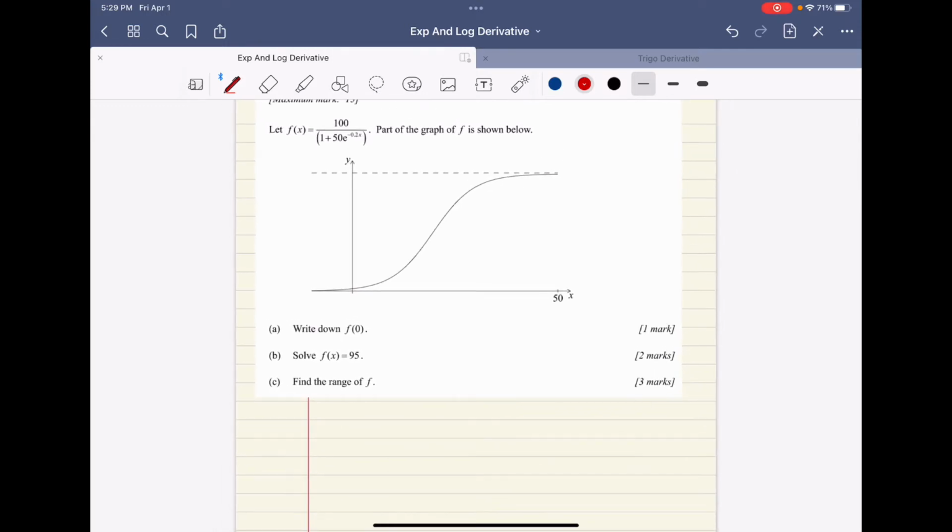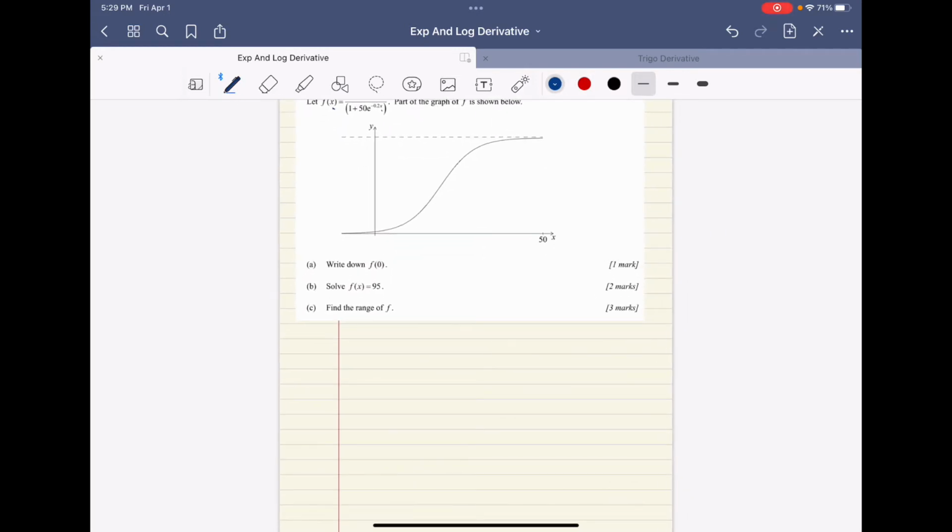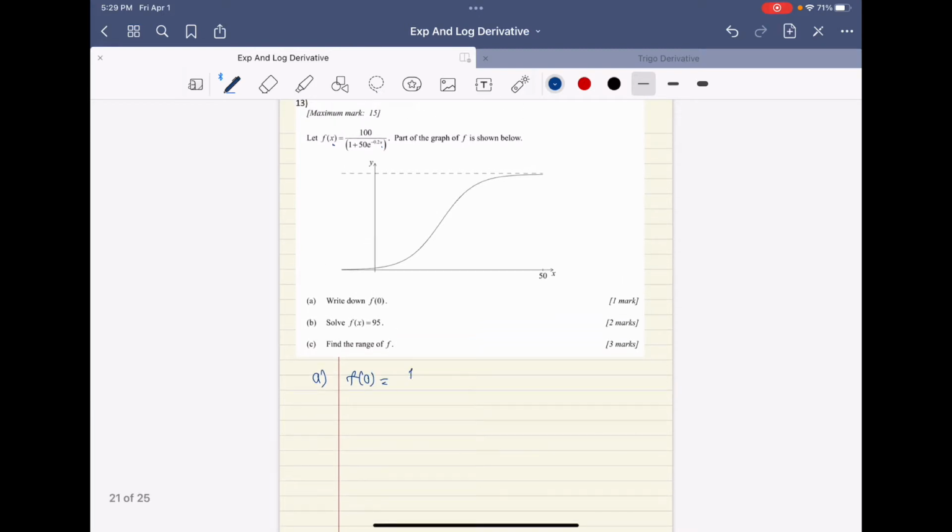So you are allowed to use a calculator. Wherever you can see the x value, you will substitute the value of 0. I'm showing you the working so that you will understand better. So here I'm writing f of 0 is equal to 100 over 1 plus 50 times e raised to minus 0.2 into 0, which is 0.